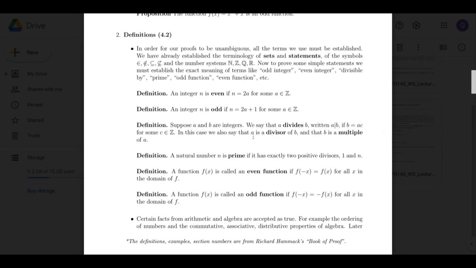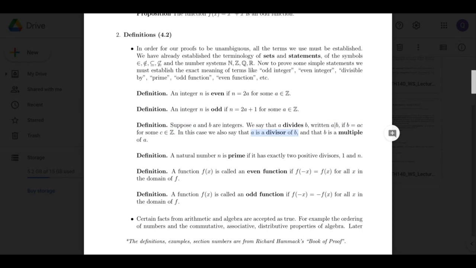In this case, we also say that a is a divisor of b. Think about 2 bar 4, or 3 bar 6, or 2 bar 6.